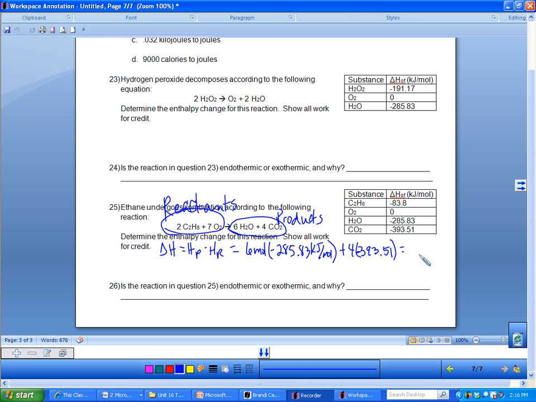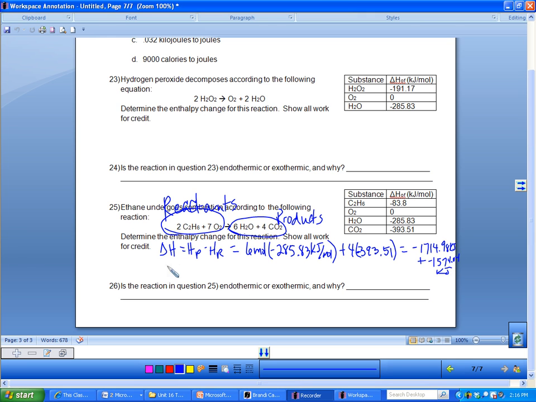And I did that math, and I think I got, if I wrote it down, a negative 1714.98 kilojoules. And then for CO2, I got negative 1574.04 kilojoules. So there's my products.